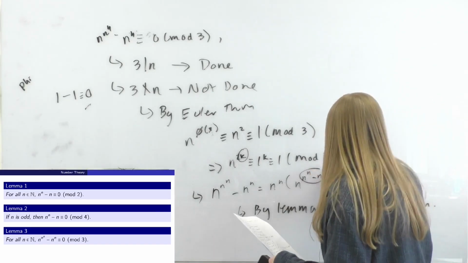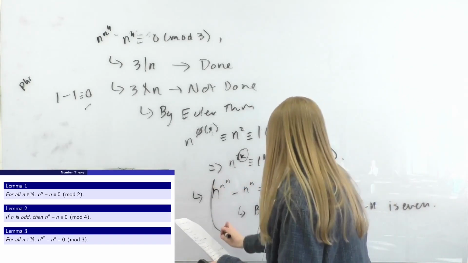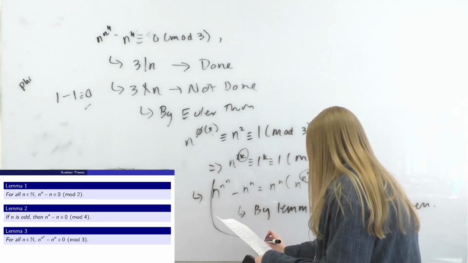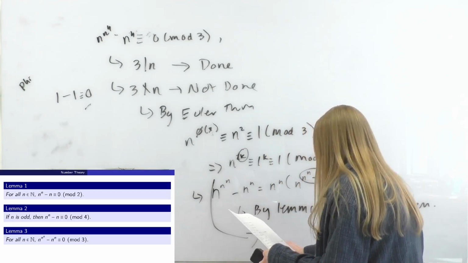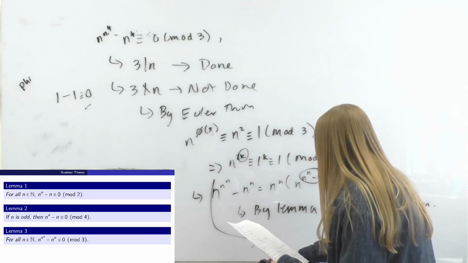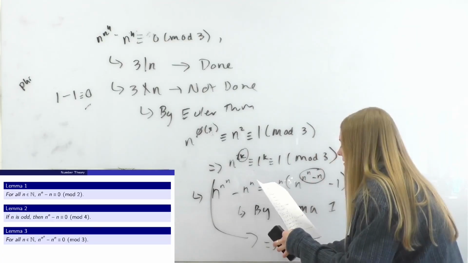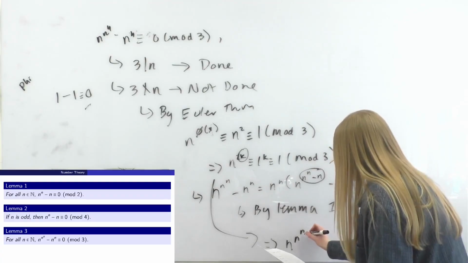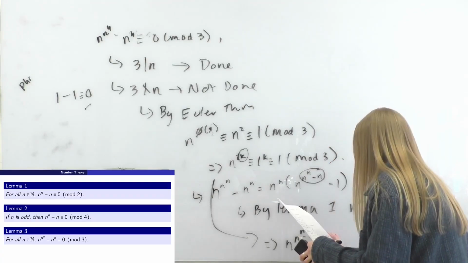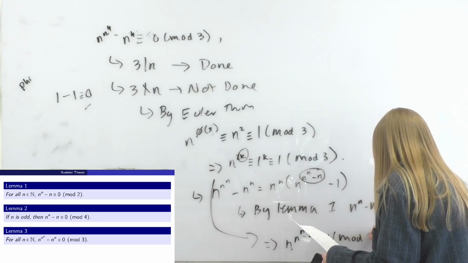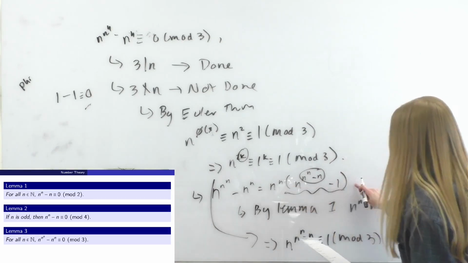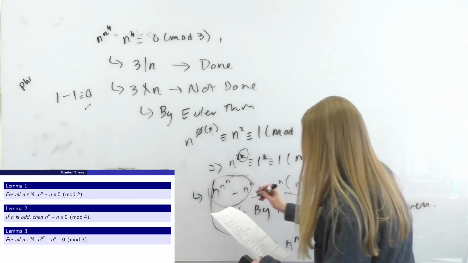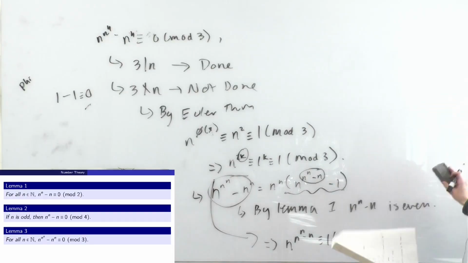So we know this is even, and we use it to say that n to the n to the n minus n to the n is congruent to 0 mod 3. We know this piece is divisible by 3, so this whole thing is divisible by 3. Cool.